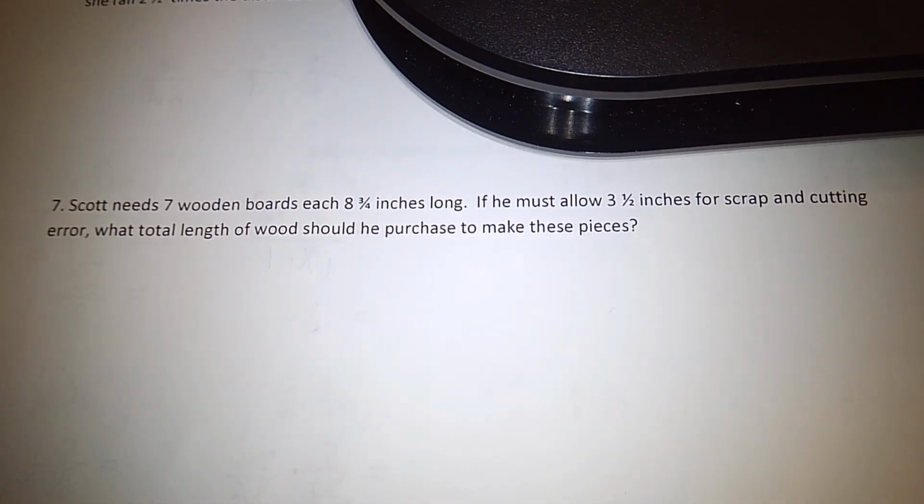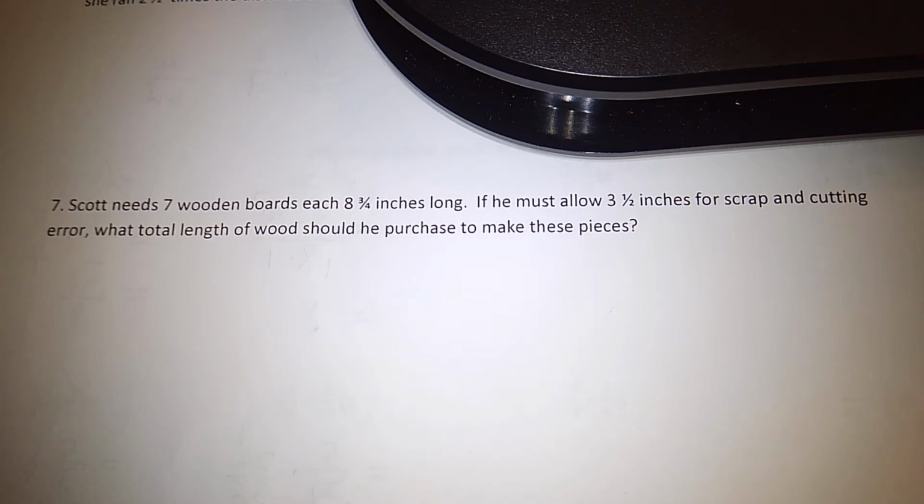Okay, good. Scott needs 7 boards. Each of them is 8 3/4 inches long. If he must allow 3.5 inches for scrap and cutting error, what total length of wood should he purchase to make these pieces? Each piece is this long. He needs 7 pieces, right?